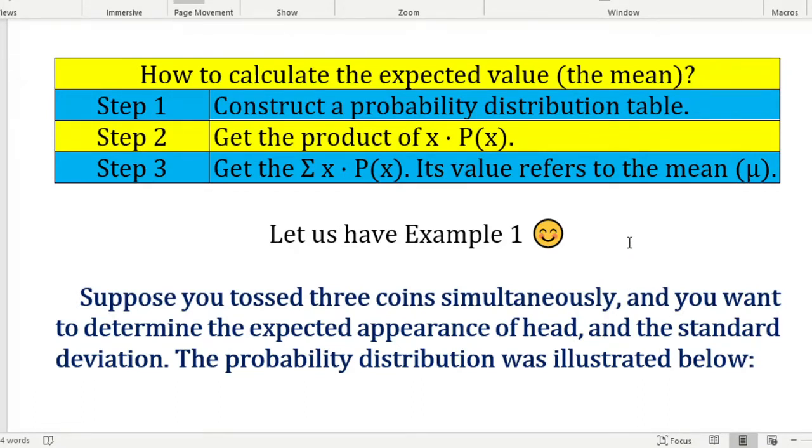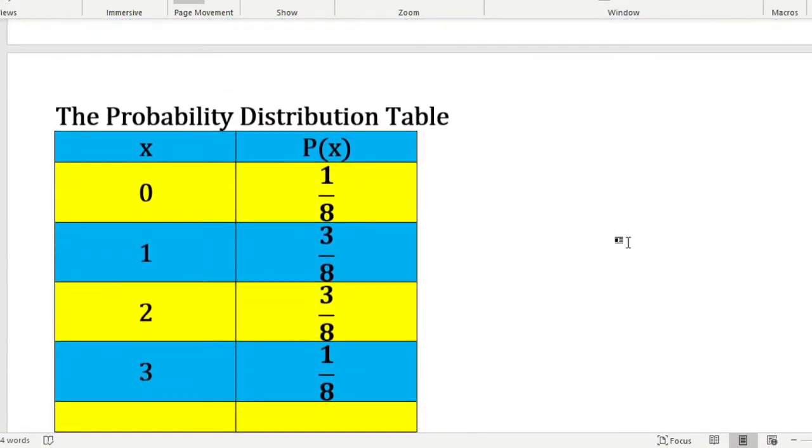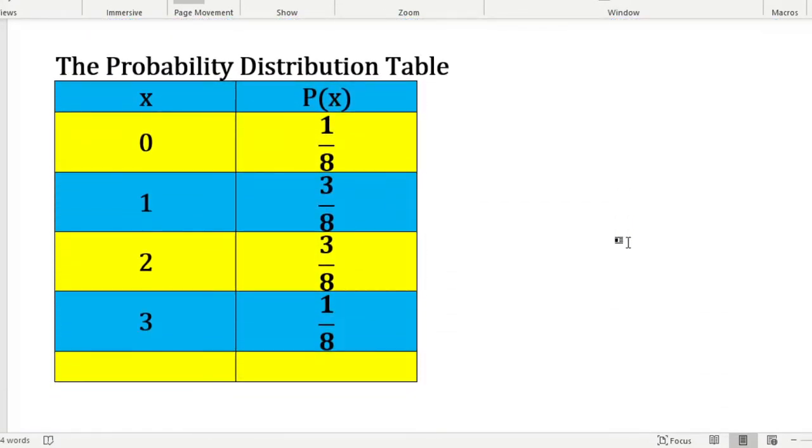Suppose you tossed 3 coins simultaneously and you want to determine the expected appearance of head and the standard deviation. The probability distribution table in this example is provided, and it looks like this.